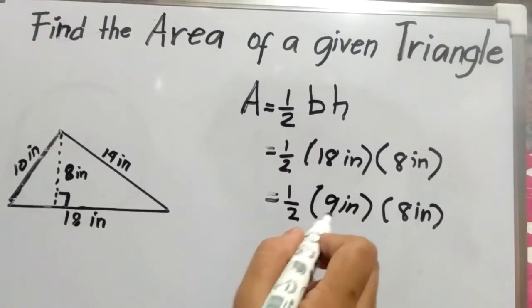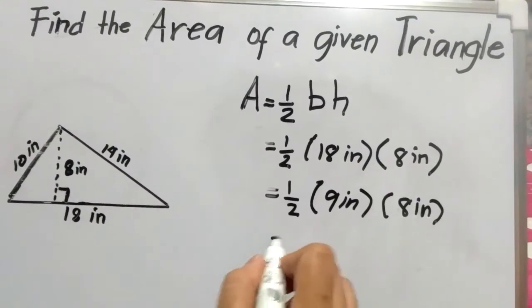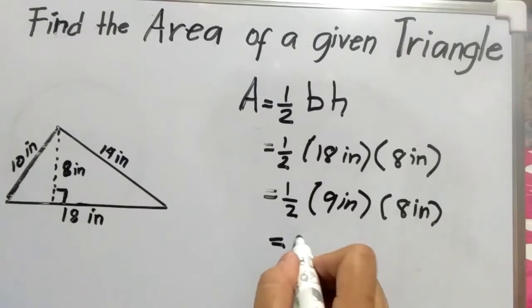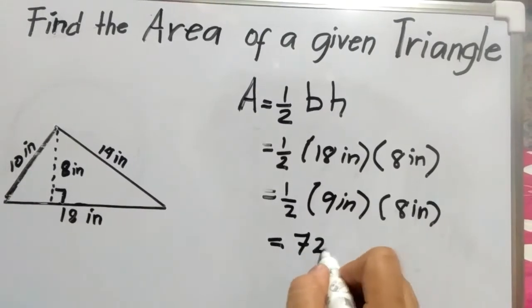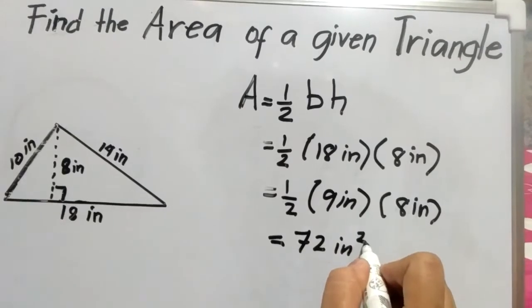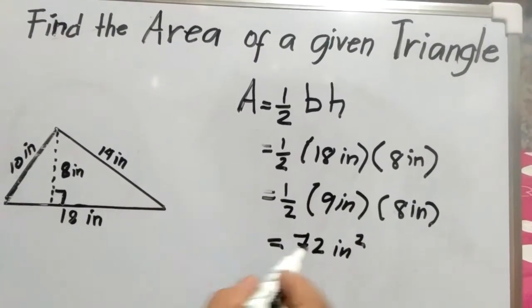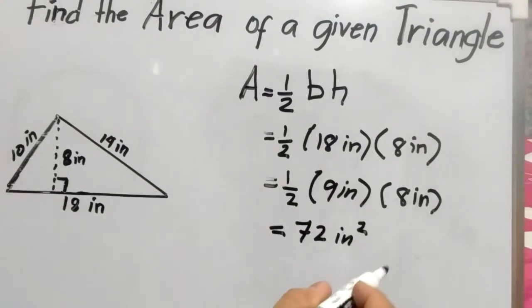So, 9 inches times 8 inches is equal to 72 inches squared. So the area of the triangle shown is 72 inches squared.